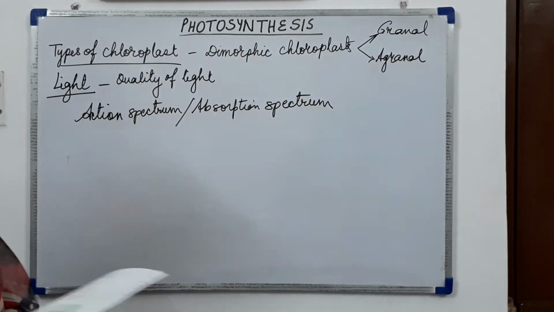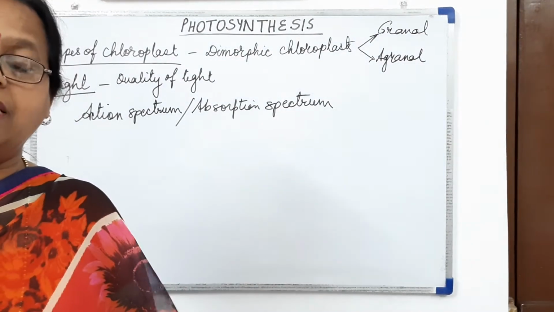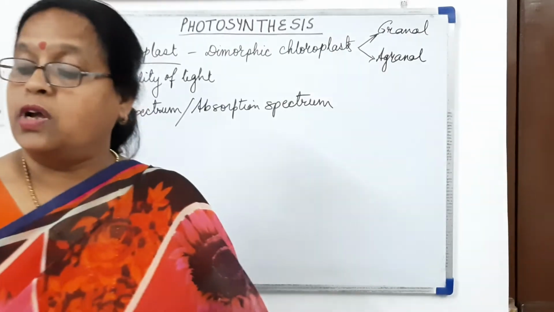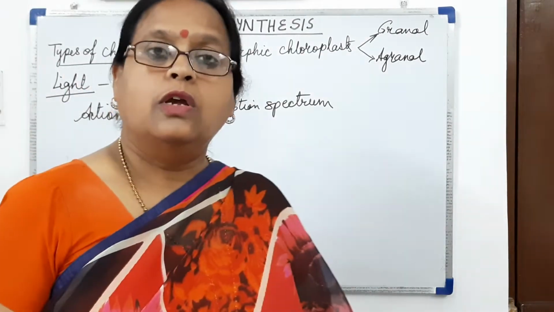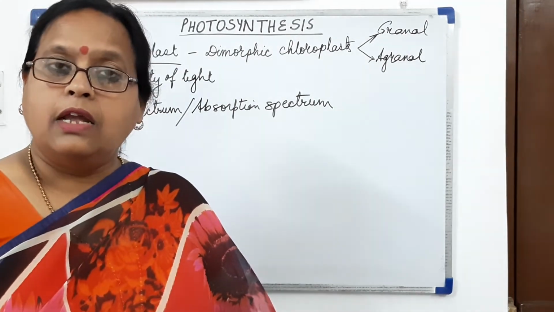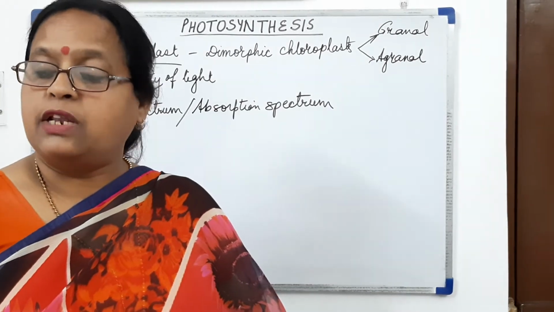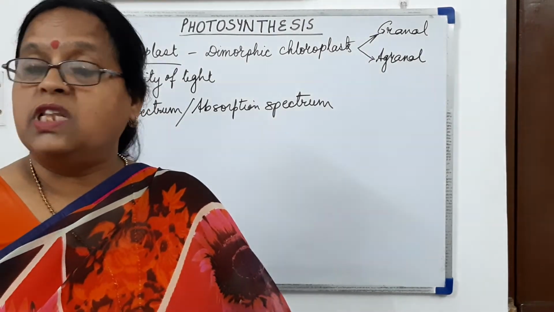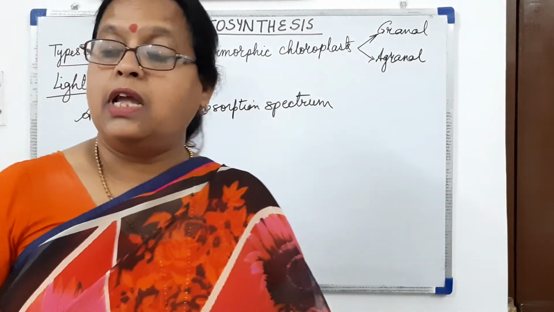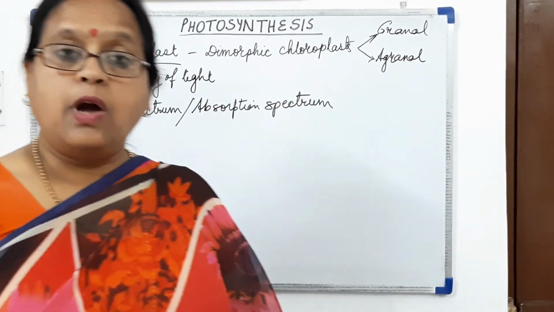Now, we have seen that different pigments are there which help in the process of photosynthesis. These pigments are chlorophyll A, B, C, D, then the phycobilins, carotenoids, xanthophylls, etc. These pigments absorb different wavelengths of light.